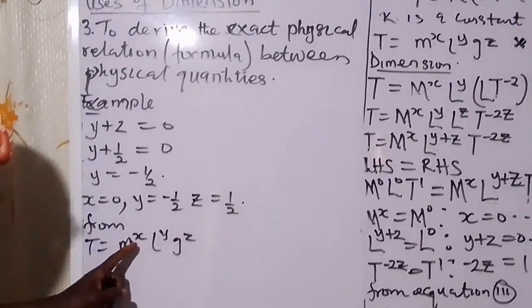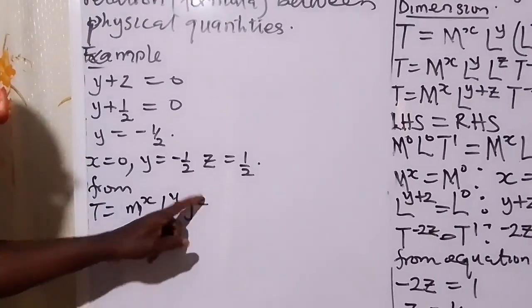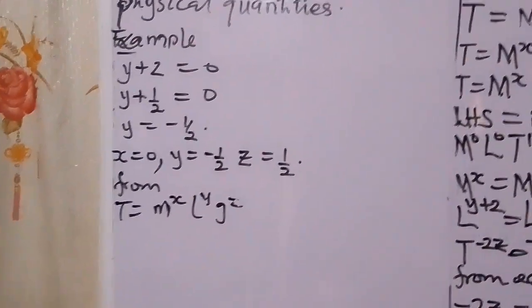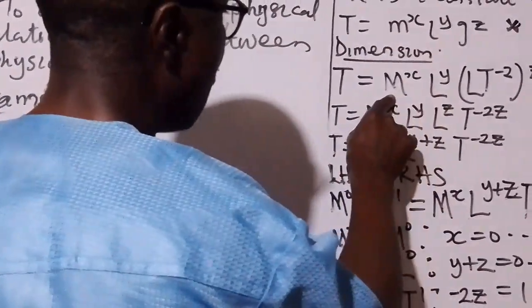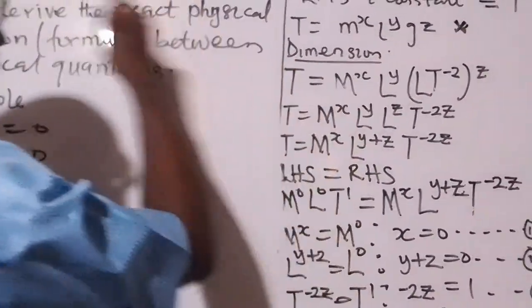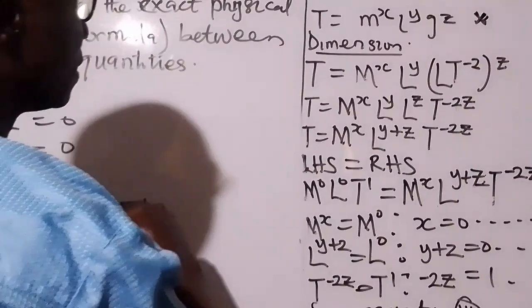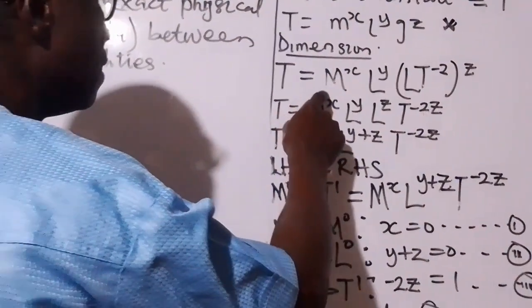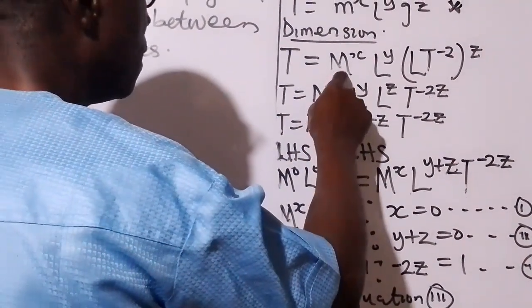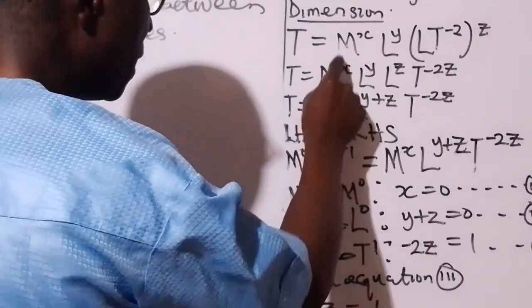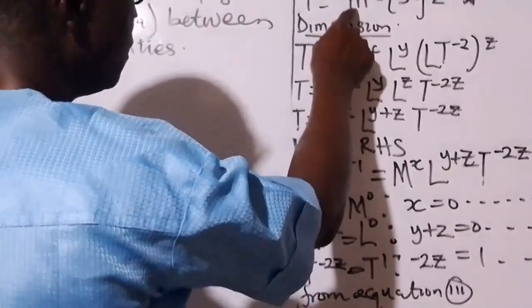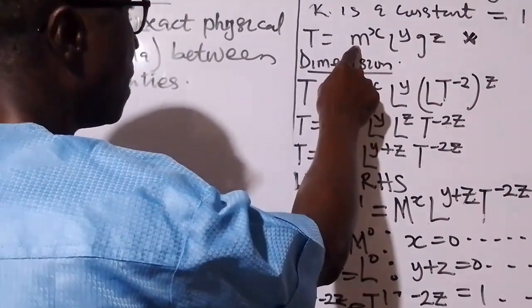We've got the value of s, y, and z now. Now, note something around this place. When I wanted to write the dimension, according to what I told you in our previous lesson, every letter must change to what? Capital letter. That's what we've observed here now. Here is small letter because we are not ready to write the dimension.